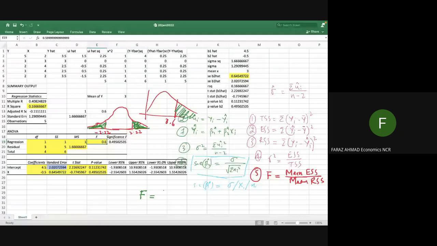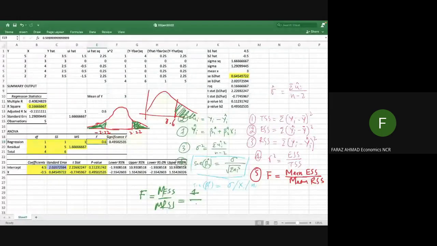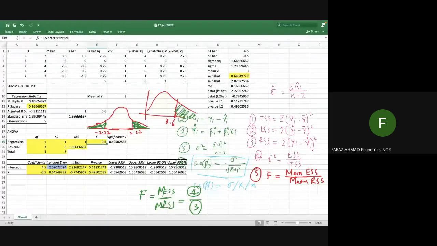So we have mean ESS in the numerator and mean RSS in the denominator. The degrees of freedom for the ESS is 1 and the degrees of freedom for the RSS is 3. So numerator degrees of freedom is 1 and denominator degrees of freedom is 3. So we have to use these two numbers in the F table to calculate the p-value of the F statistic.